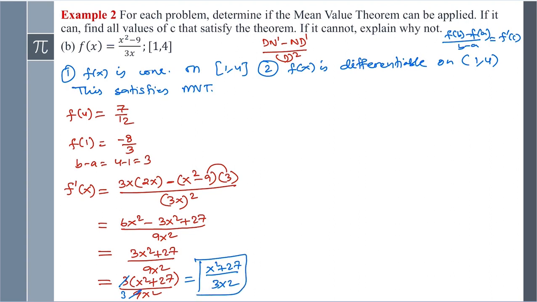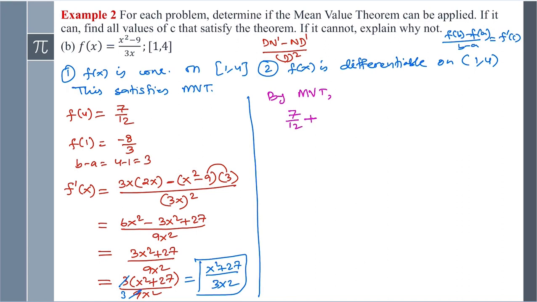Now, if we apply the condition, our condition is f of b minus f of a. So we can now write that by the mean value theorem, f of b means f of 4, which is 7 over 12, minus f of a, which is negative 8 over 3.